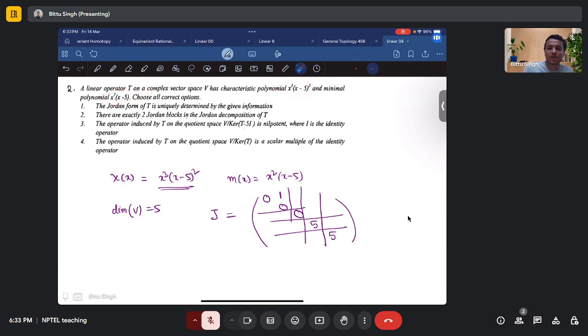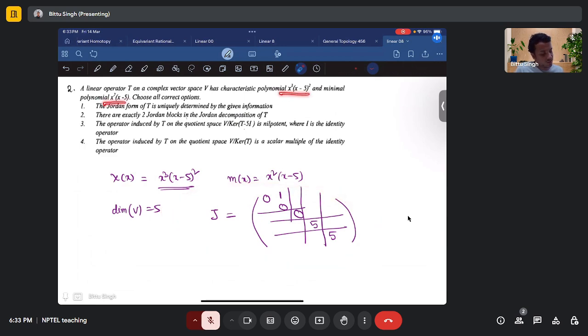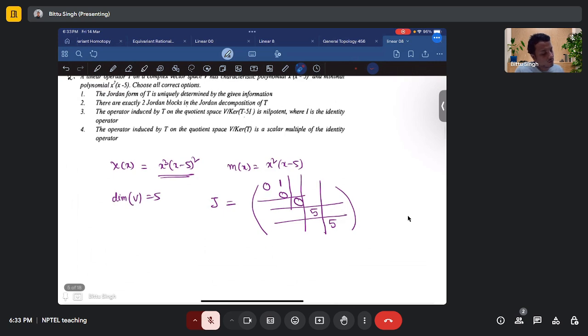This is not always the case, but some restriction, for example, this is a 5 by 5 matrix, those kinds of restrictions allow me to obtain this form. Otherwise, we may not obtain those forms uniquely by just those two descriptions. So this is true. Therefore, option 1 is true.